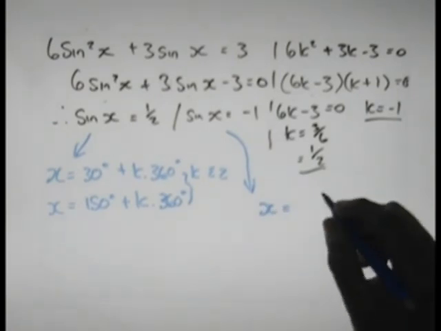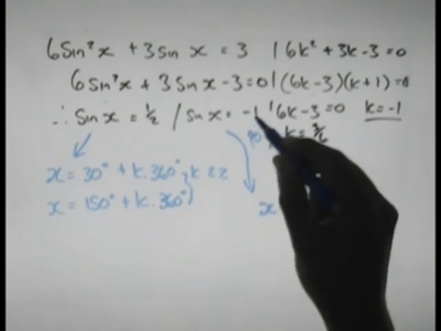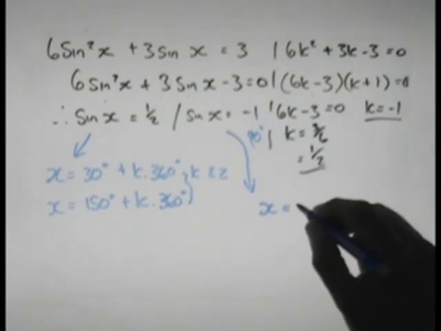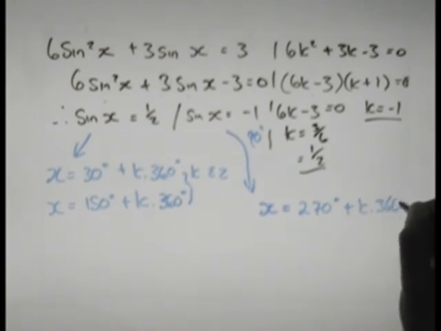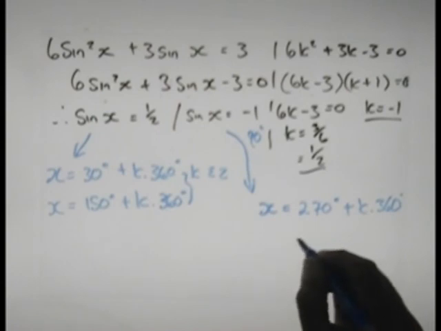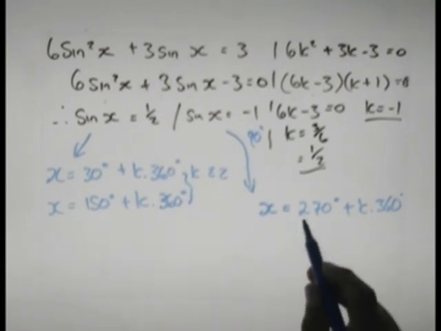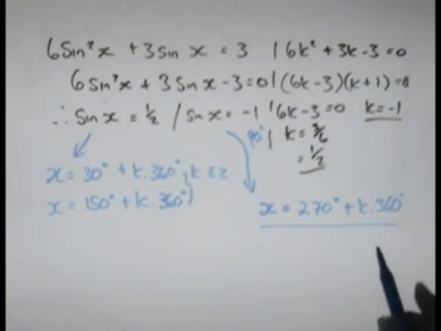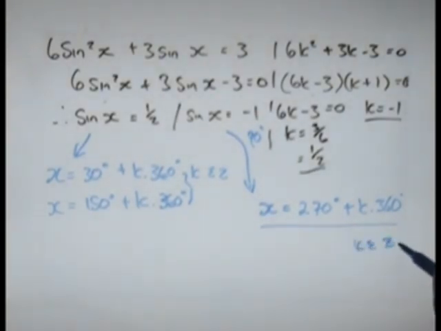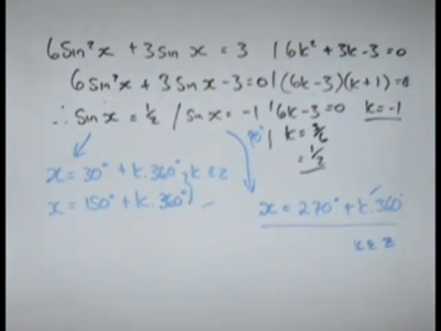So x is either equal to 180 degrees plus, now the reference angle for sine of 1 is 90 degrees, so it's either going to equal 180 plus 90, which is 270 degrees, plus k times 360 degrees, or it's going to equal 360 minus 90 degrees, which by the way is also equal to 270, so we only need to write this one solution in. With k being an element of integers, that means that we've got 1, 2, 3 possible solutions.